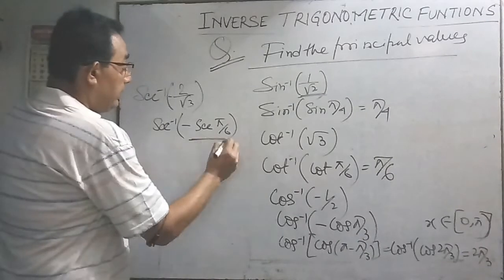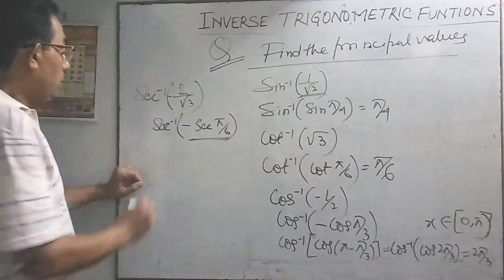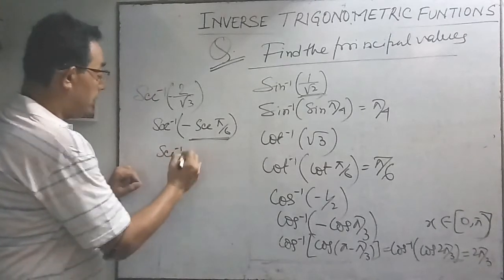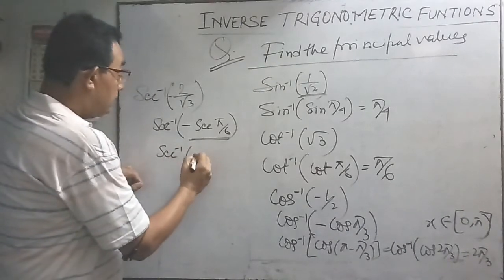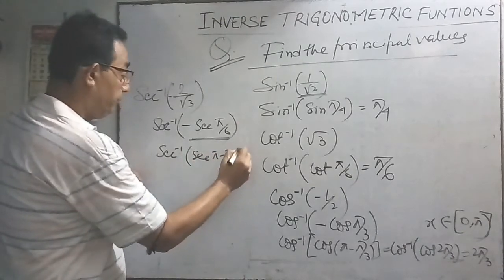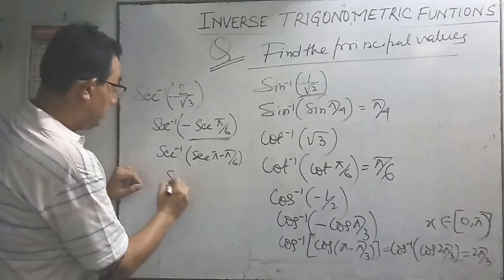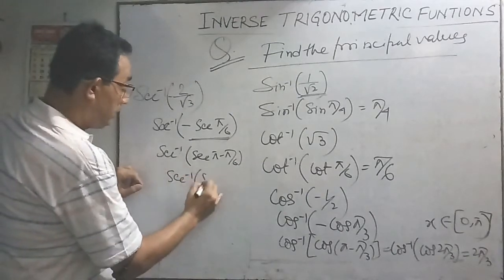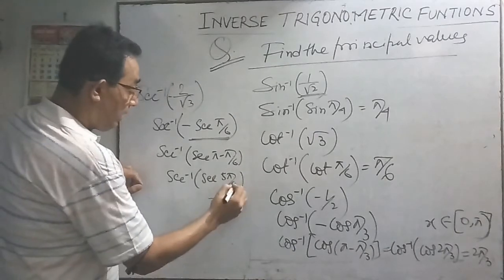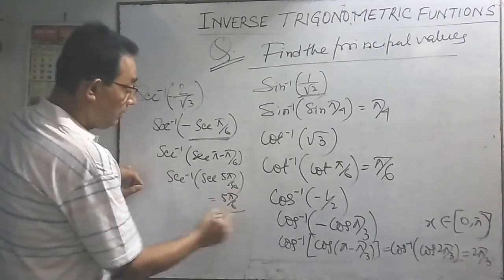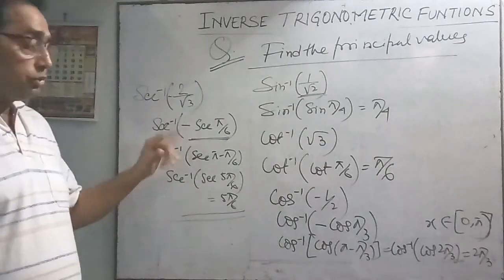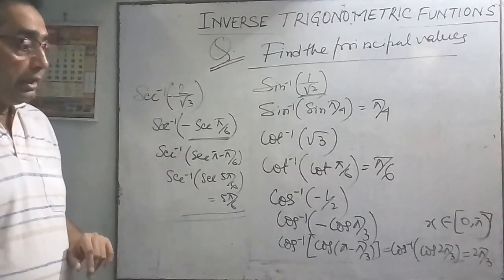But you have to write the negative sign, so you have to write sec inverse sec (pi minus pi by 6). It is sec inverse sec 5 pi by 6. It is 5 pi by 6. Understood? This way you have to solve all these questions.